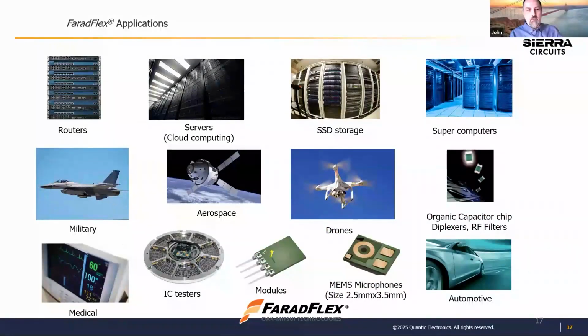Applications for embedded capacitance go anywhere from routers and servers, to storage, supercomputers, and then of course military, aerospace, and drones. There's a lot of applications. The majority of the applications are planar capacitors for decoupling, but the discrete capacitors are growing for very special applications, which I'll go into a couple, like the MEMS microphone. But it is a growing market.